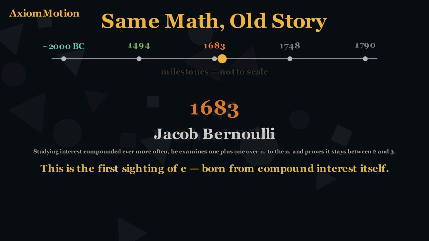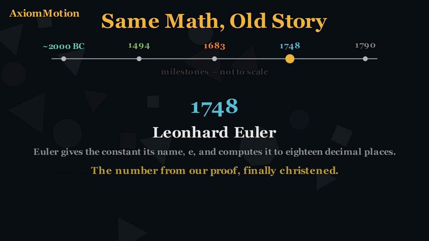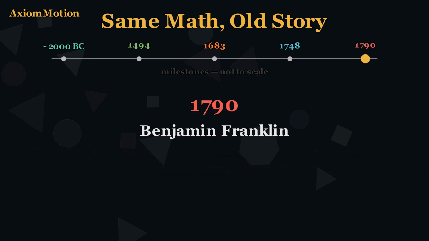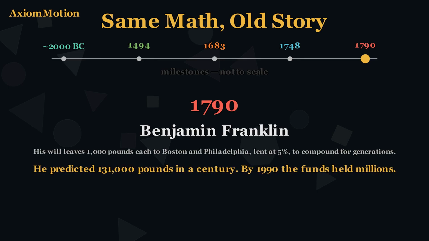Then comes Leonhard Euler. He gives the constant its name, e, and computes it to 18 decimal places, turning a curious limit into one of mathematics' great constants. And in 1790, Benjamin Franklin makes a bet on compounding that spans centuries. His will leaves £1,000 each to Boston and Philadelphia to be lent at 5% and left to grow.